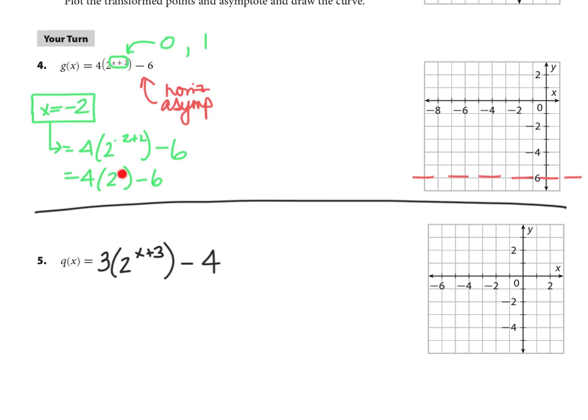So this whole part right here is just 1. So that means I've got 4 times 1 minus 6, which is 4 minus 6, and that's -2. So at -2, I'm going to plot the point -2, -2. All right, we're going to do one more.